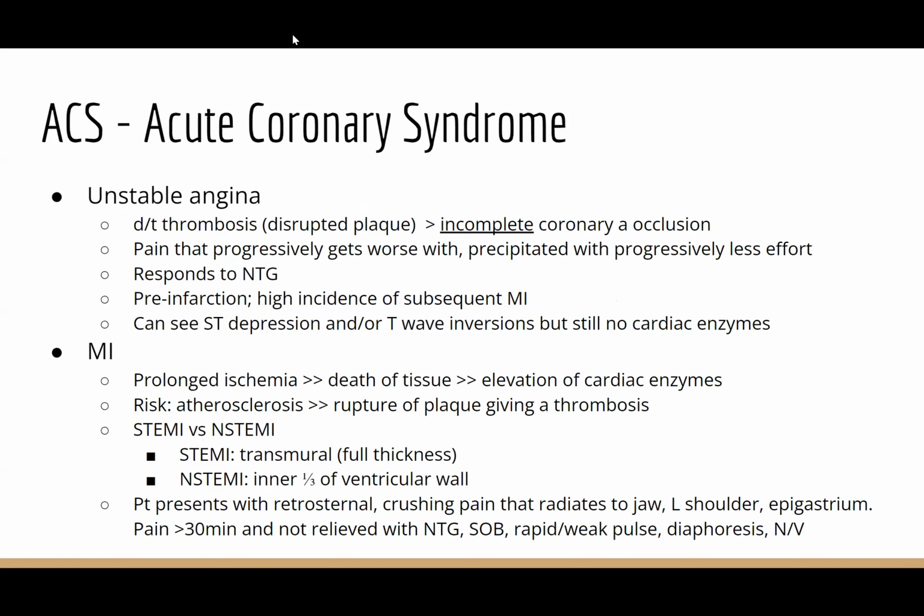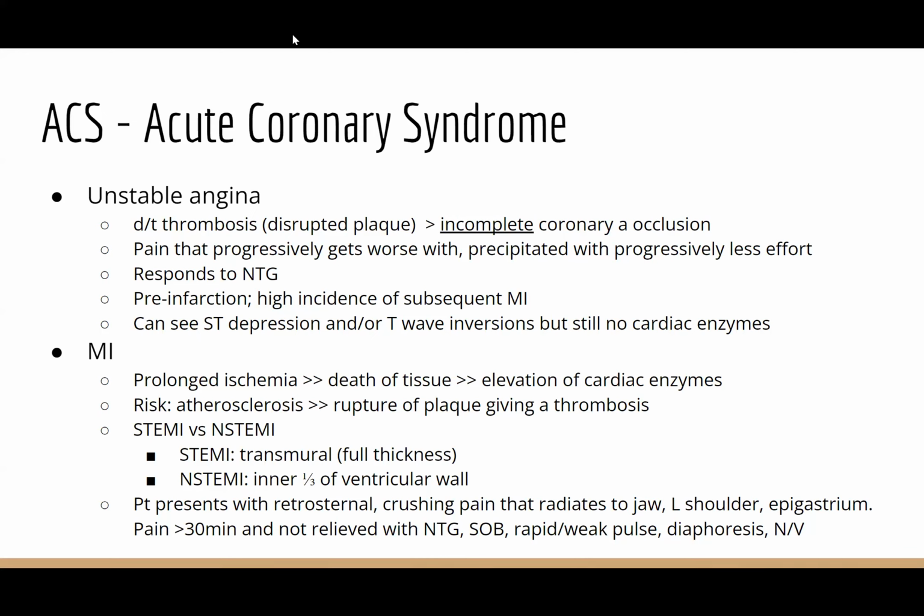So what this is going to present with is pain that gets progressively worse with progressively less effort. So if one week you started getting chest pain when you ran a mile, versus the next week you started getting chest pain when you just ran a few yards. So chest pain is getting worse with less and less and less effort.